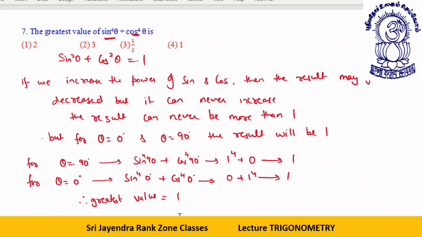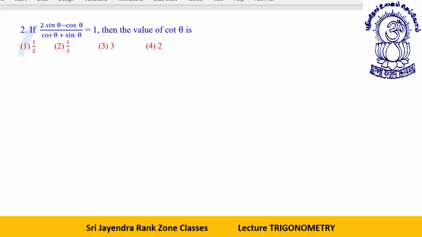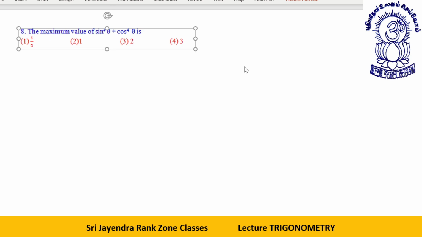I'm sure it is clear to all of you. Fine. Clear? Let's take the next one, and I hope that is similar to this one only. The maximum value, we have already discussed, maximum value is 1.